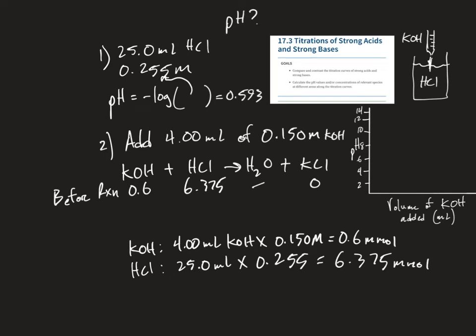So what happens after the reaction? Well, I actually have to do a reaction here. Actually, I'm going to write this out. What actually occurs? Well, all of this is going to go away, minus 0.6. 0.6 millimoles will react with the millimoles of HCl that we started with.